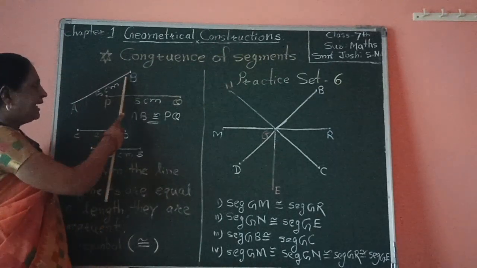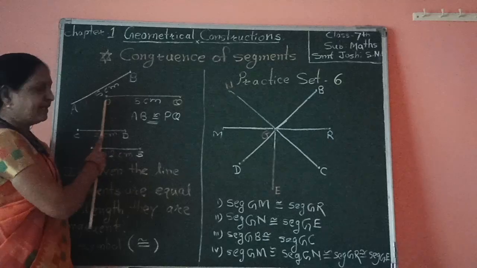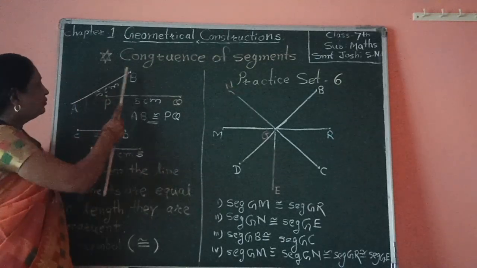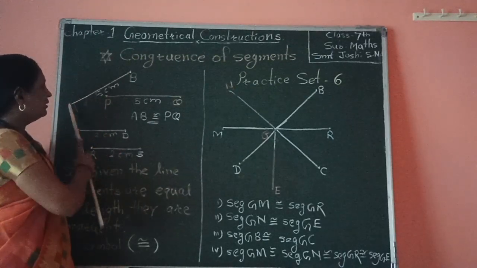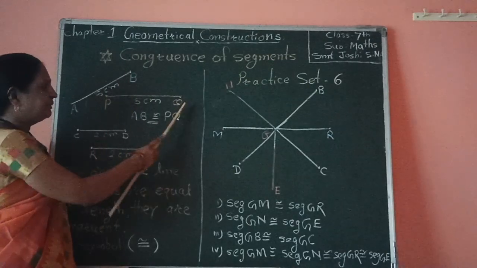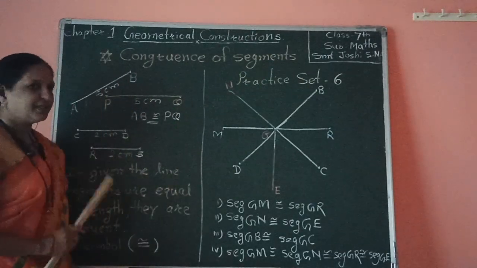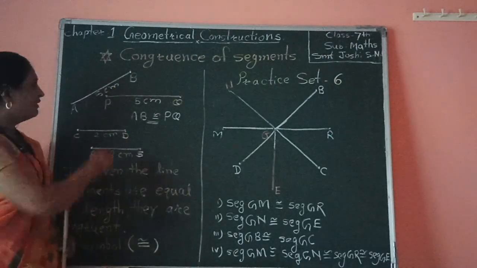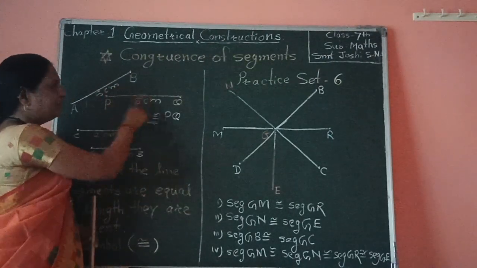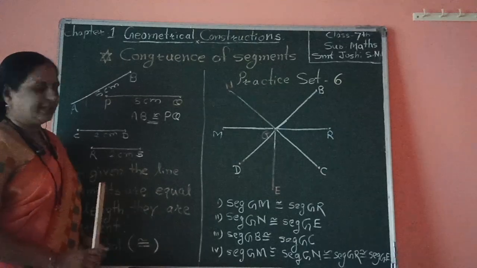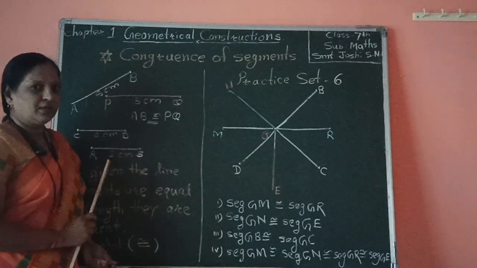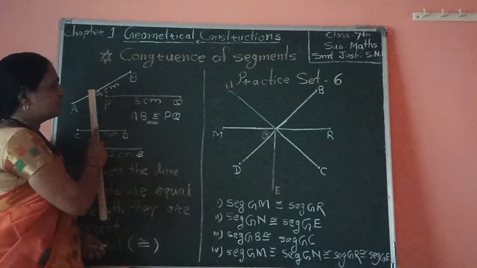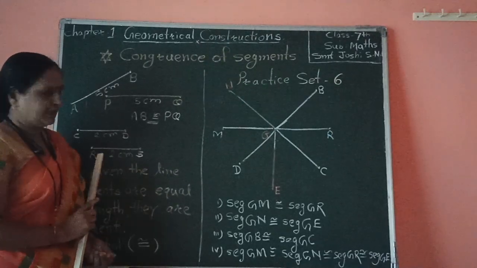Line segment AB and line segment PQ. When we measure the length of AB and PQ using a divider, the length of line segment AB is equal to 5 cm, and the length of segment PQ is equal to 5 cm. This means the lengths of these two segments are equal.